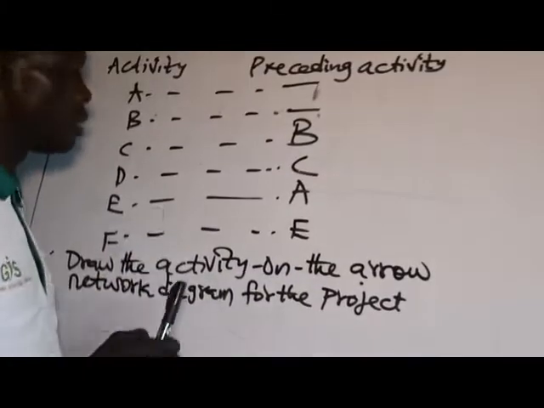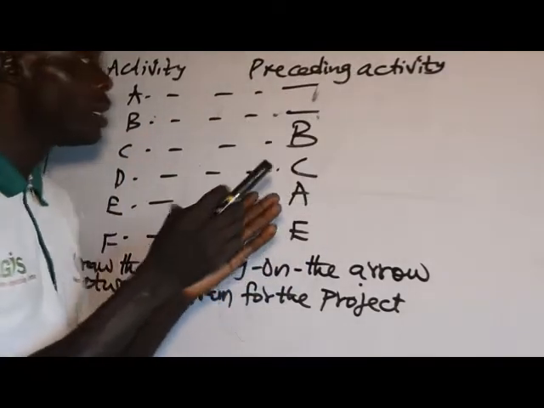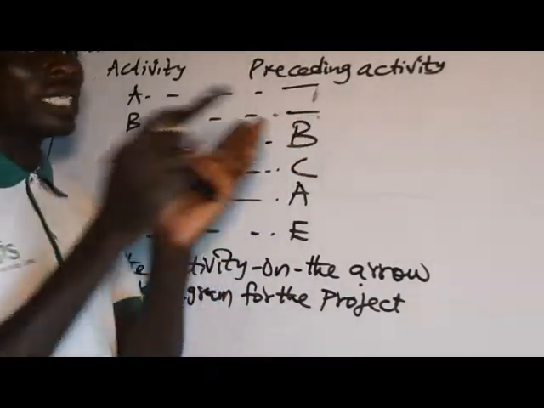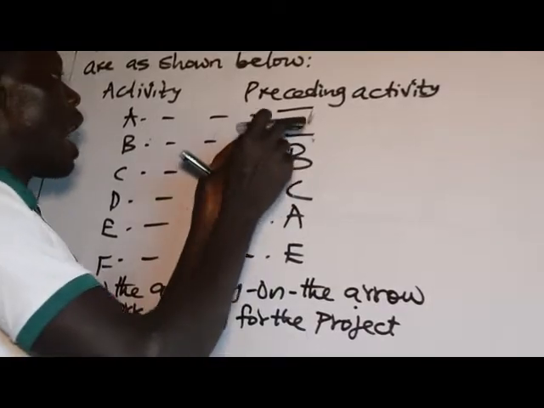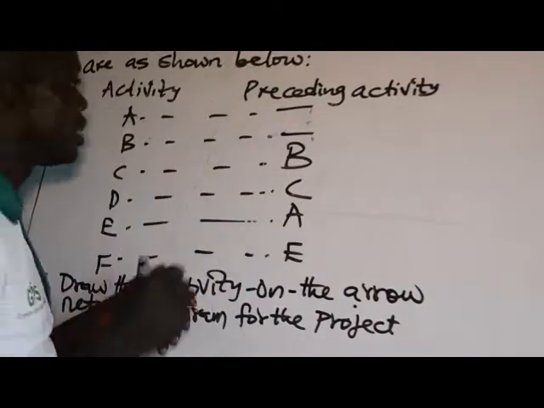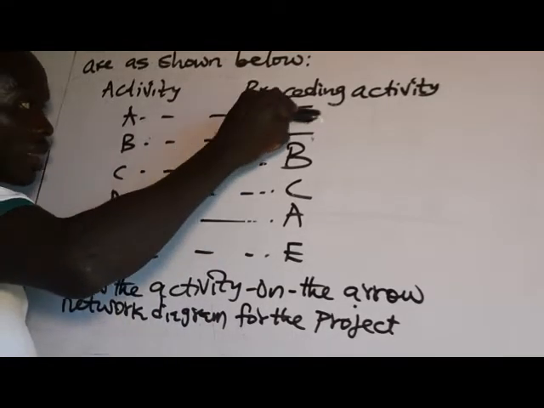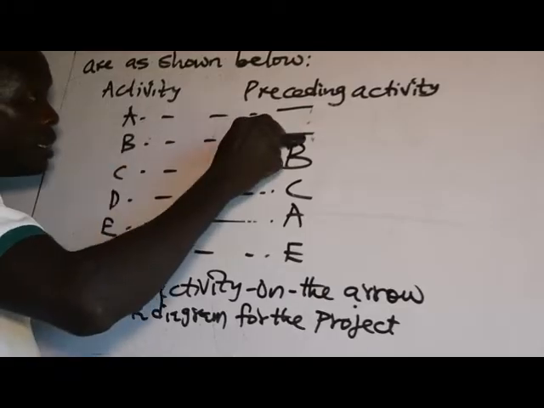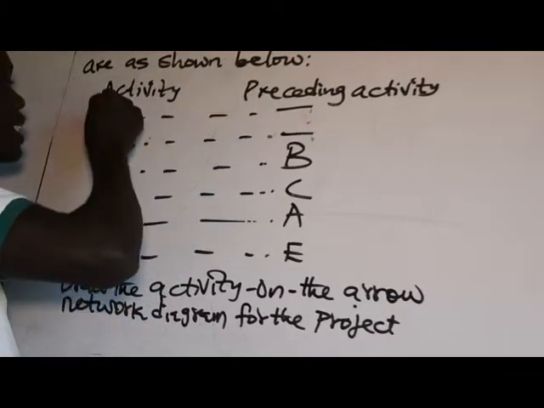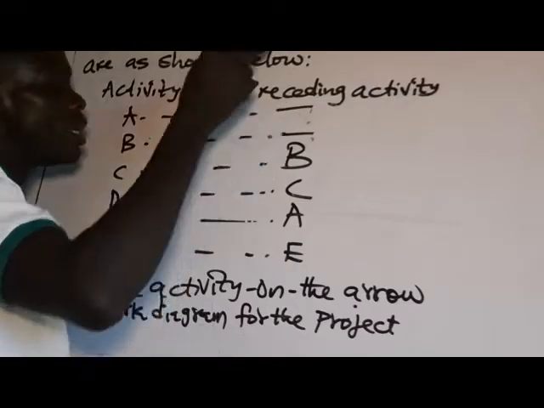This is the question. Now, a preceding activity means an activity that will stand as an offshoot to the main activity. There is nothing here, and there is nothing here. That means both A and B are preceded by nothing.